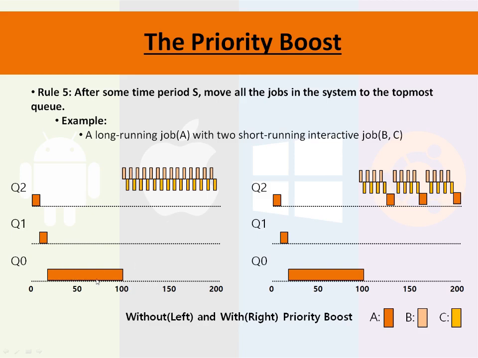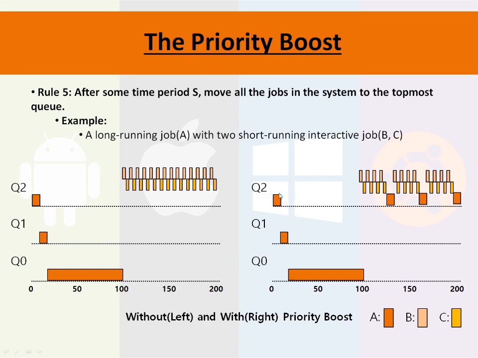And process A here would never move back into our high priority band. And this is a case of that starvation, right? Where we're just going to be bouncing between processes B and C, and A will never get any of the CPU time. So what we do is we do that priority boost.